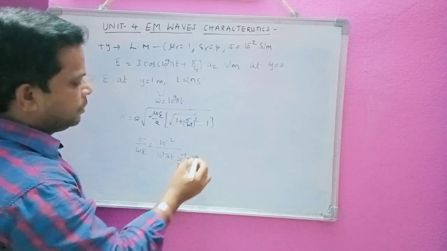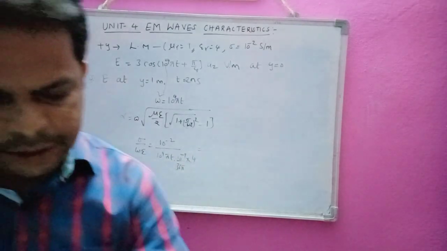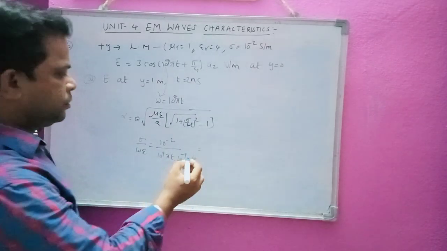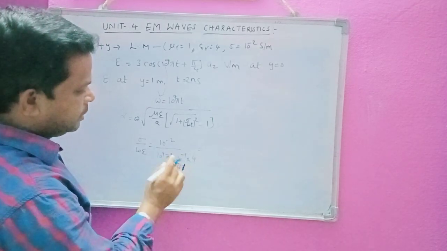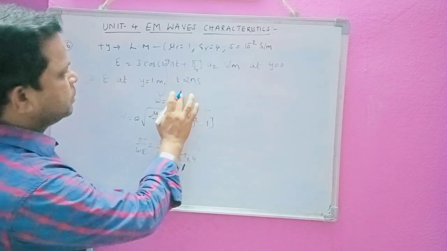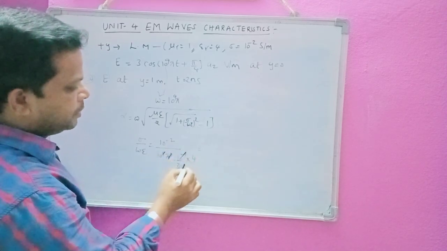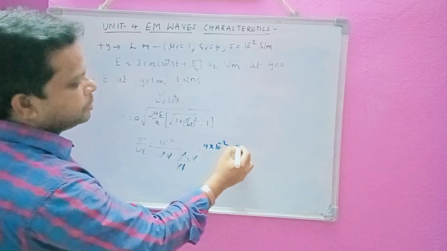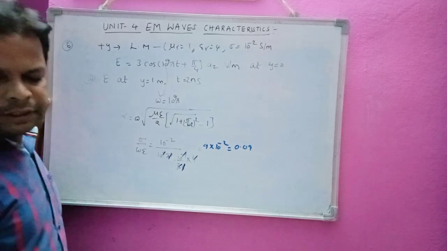After calculating, let us cancel here: the pi will get cancelled. I will get 9 into 10 power of minus 2, that is 0.09. So this sigma by omega epsilon is very much less than 1 here.